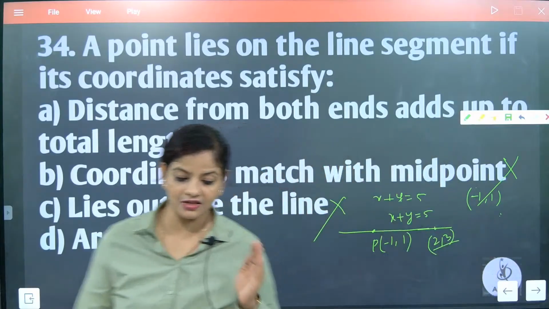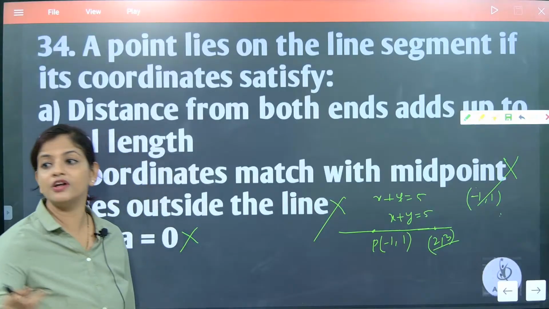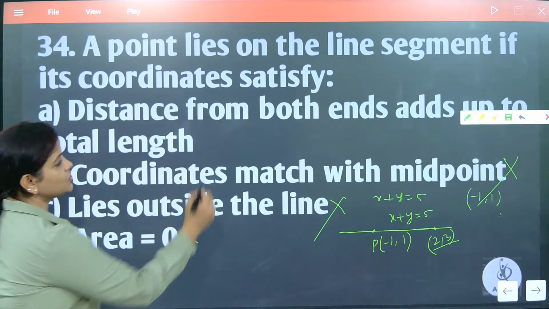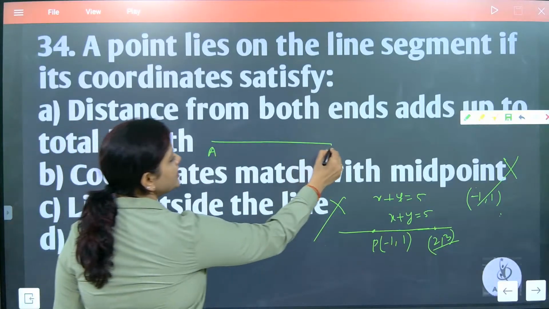Now just understand this concept. That is the case of collinearity. How? Let's check. Here a point A is there, a point C is there.